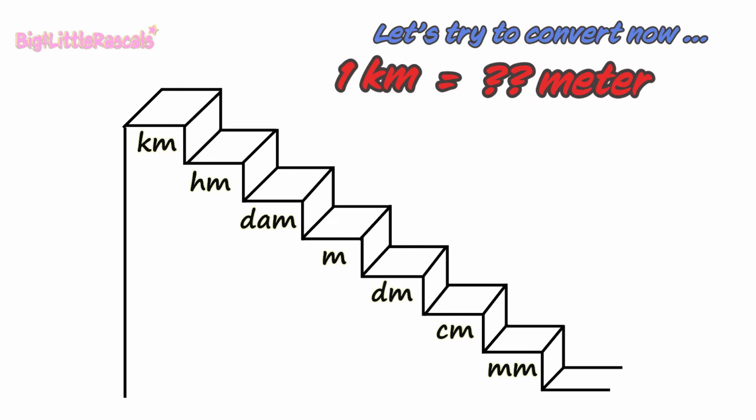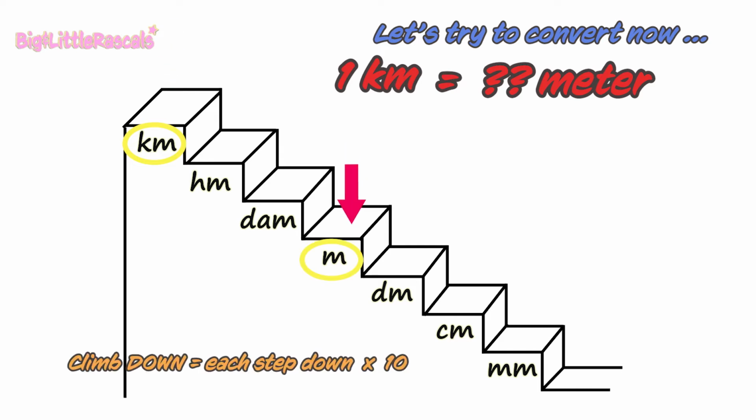1 kilometer equals how many meters? First, find where the kilometer is. There it is. Then find the meter. Then you need to jump down from kilometer to meter. Remember the formula.